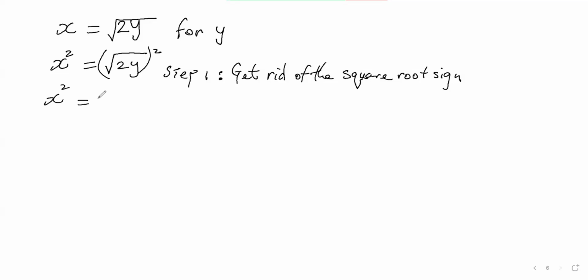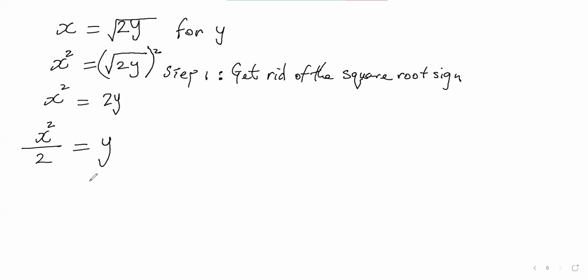Let me just write this properly. So in squaring everything, it works out to what's on the inside only. So now we are dividing by 2. So it's x squared divided by 2 equals y.